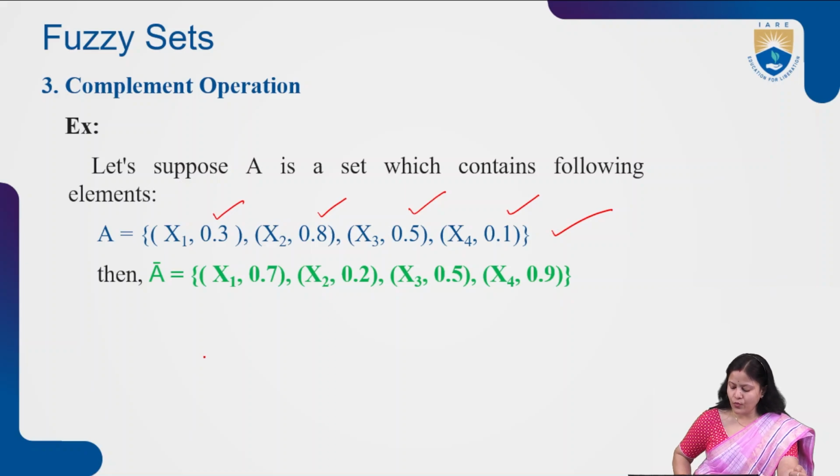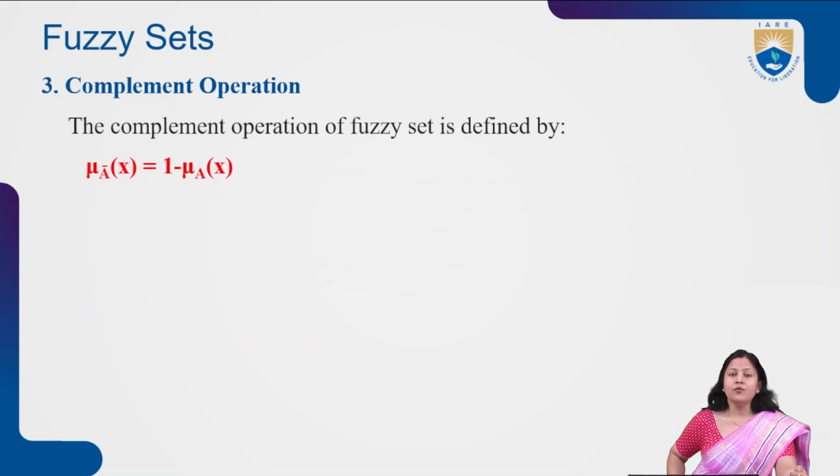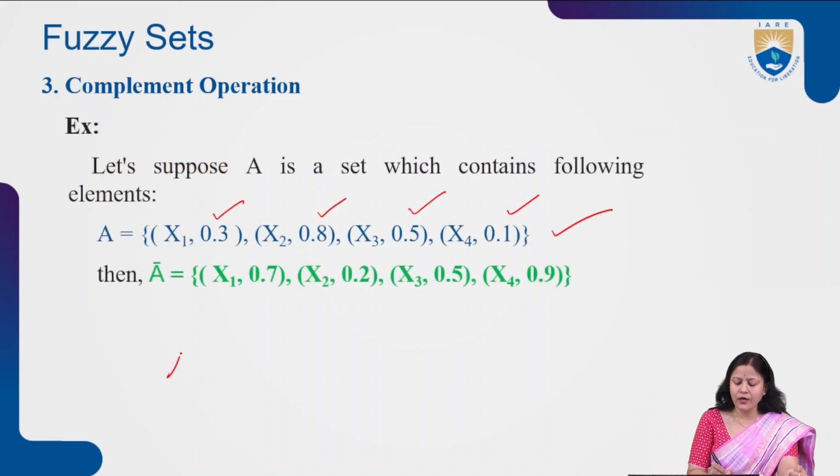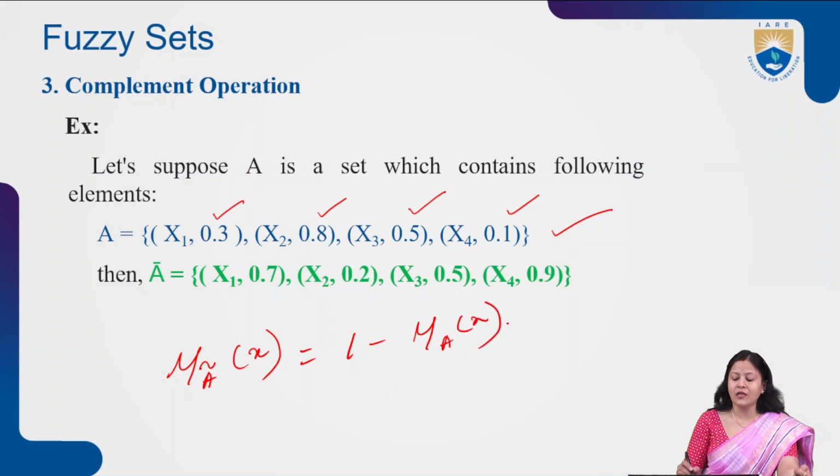So as we know the formula for mu of the complement operation, we can write over here mu of Ax, that is equal to 1 minus, you can write the tilde bar for Fuzzy set, 1 minus mu of Ax. So all the membership values we have to subtract from 1, then only we can find. What is the membership value for x1? 0.3.